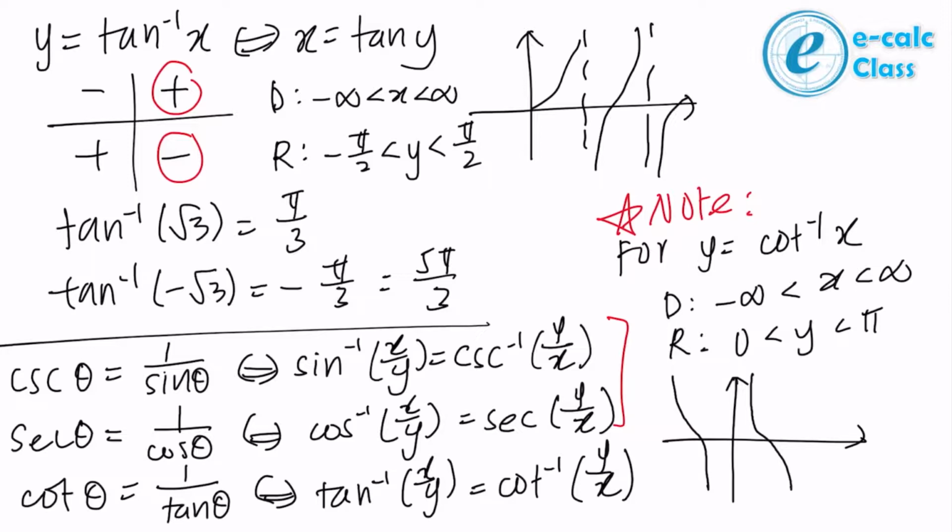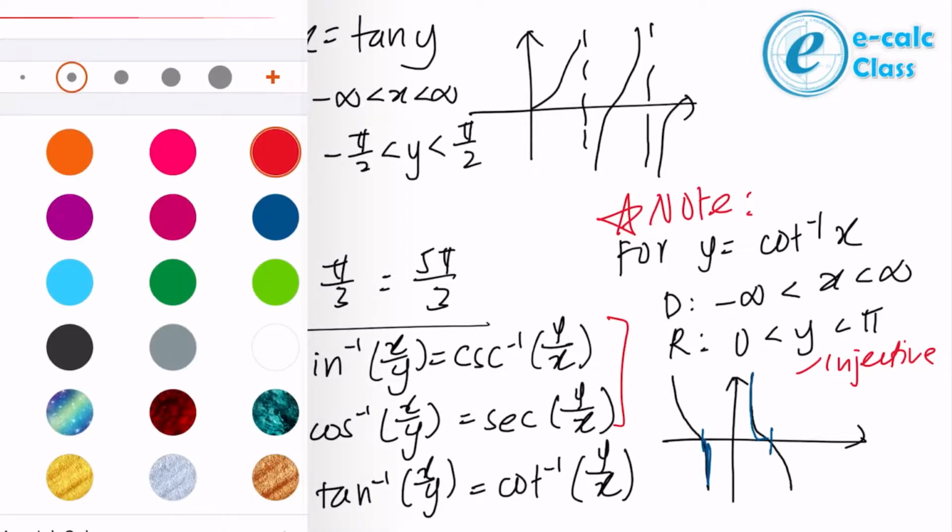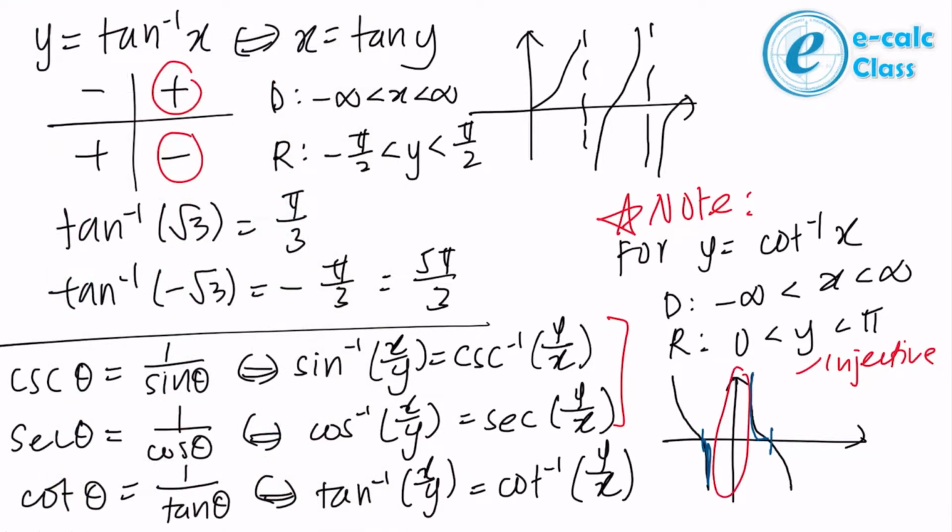Then you say, hey, if you want it to be injective, then the positive version we just take this one. No? Negative, why don't we take this one? So that it is from negative pi over 2 to pi over 2. But the problem is, it is discontinuous at x equals to 0.